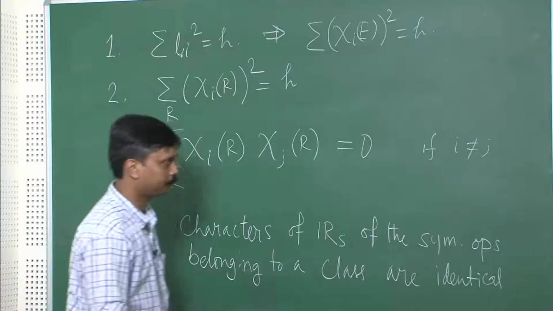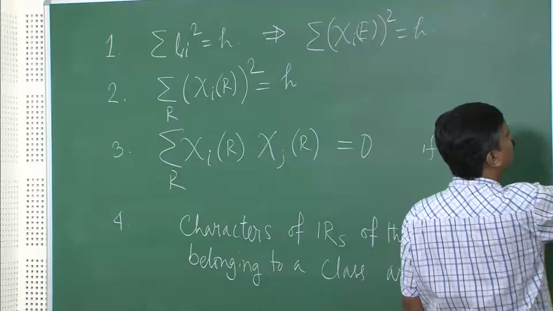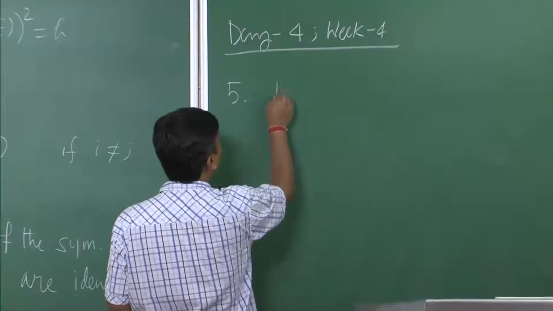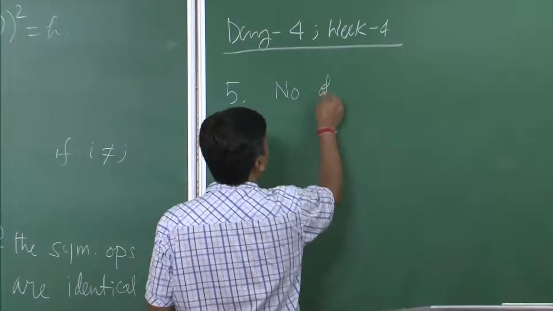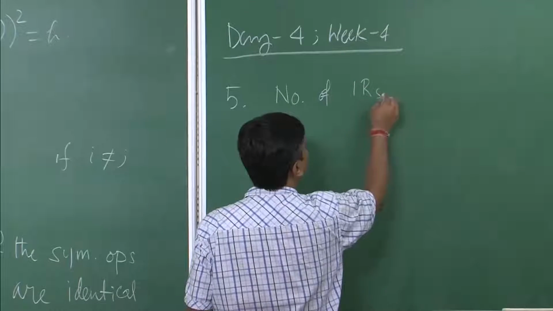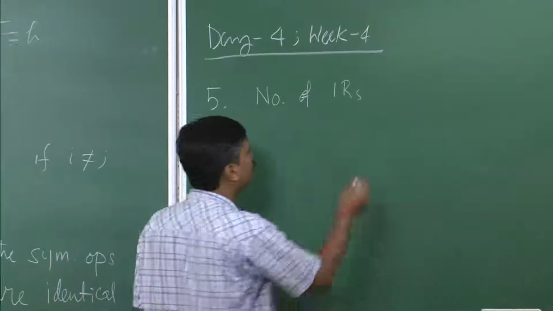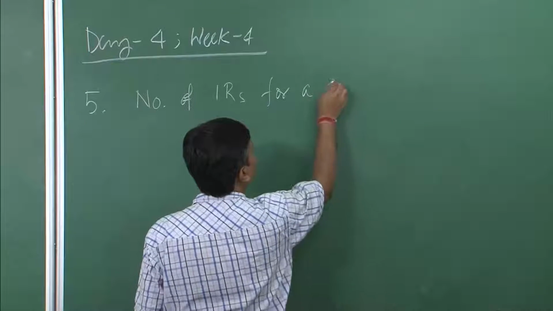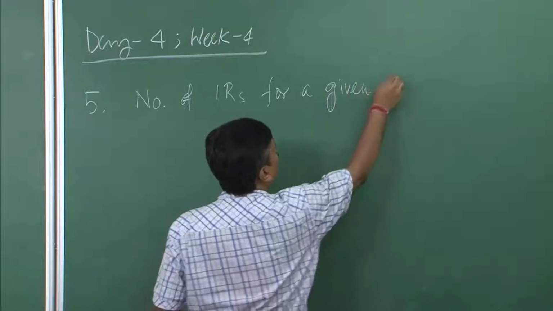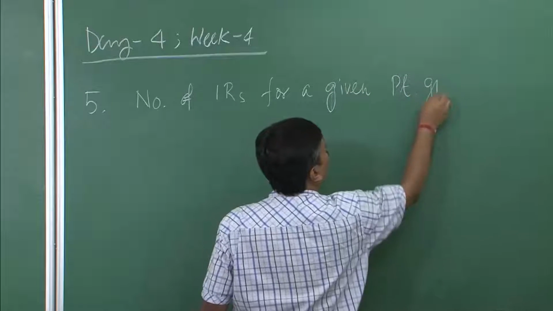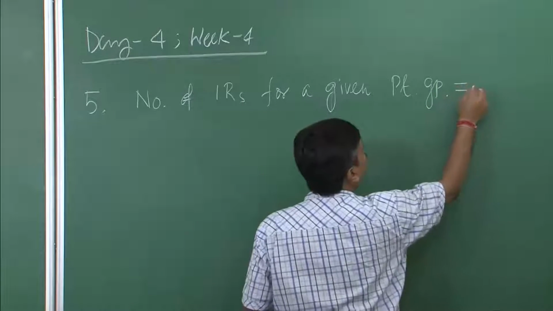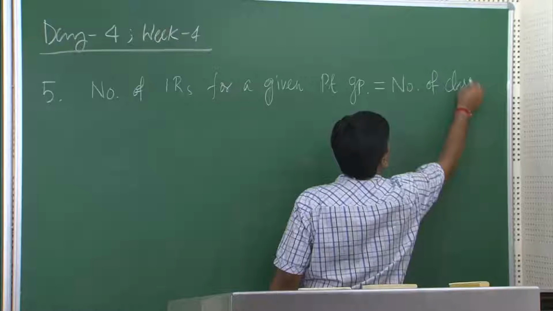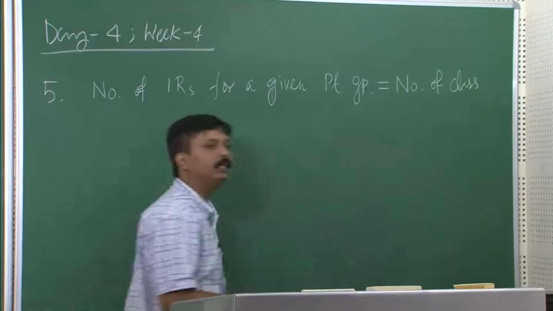Now the fifth rule, which is another very important one, says that the number of irreducible representations for a given point group is equal to the number of classes that is present in the point group.